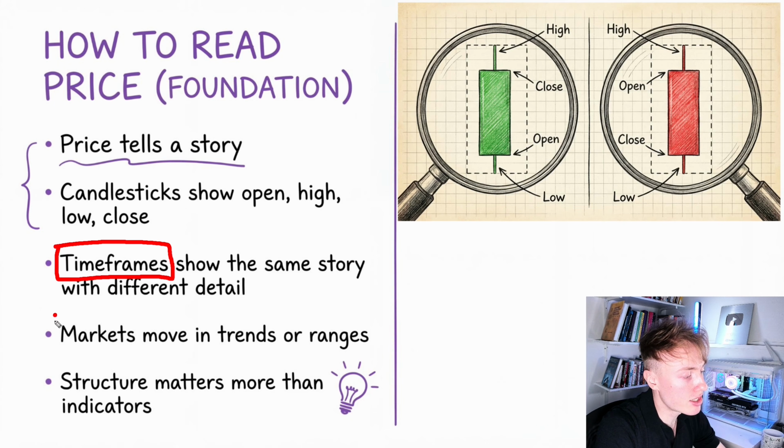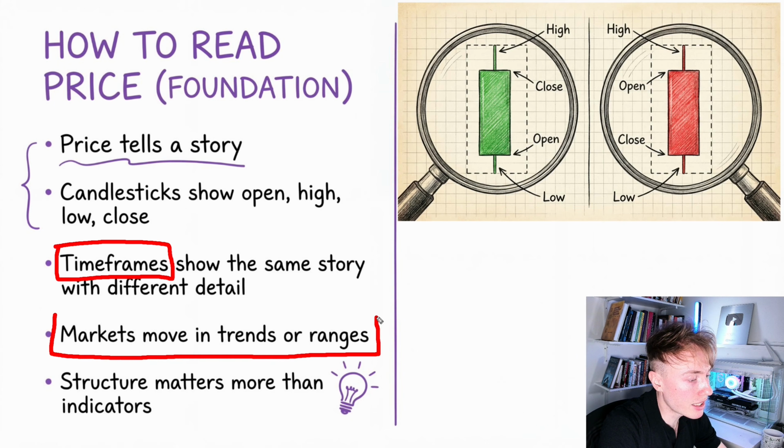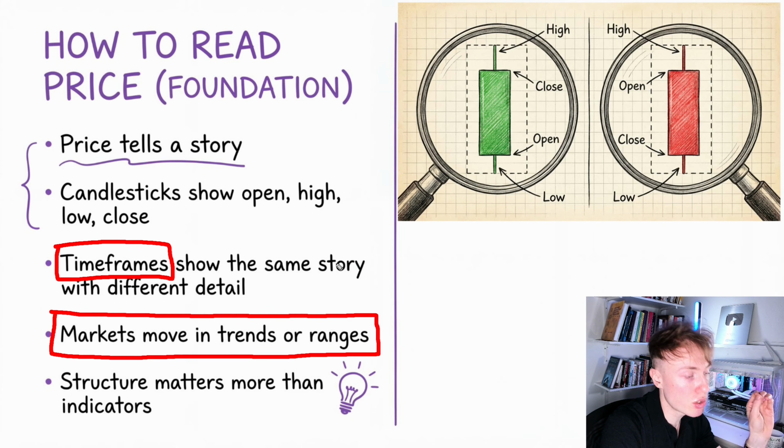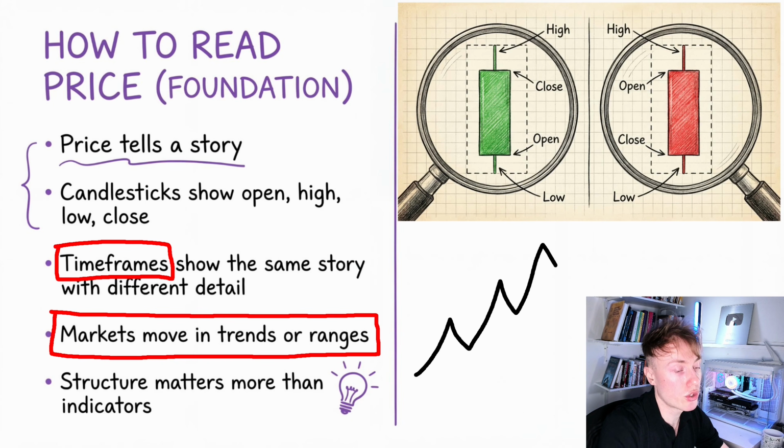And also here, in general, markets move in something known as trends or ranges. A trend is when we have a market going in a certain direction. The market always goes up and down, but the trend is sort of the overall direction of the market.